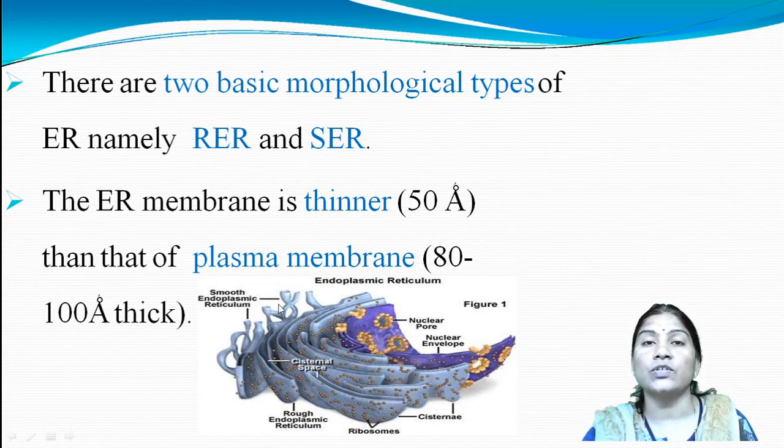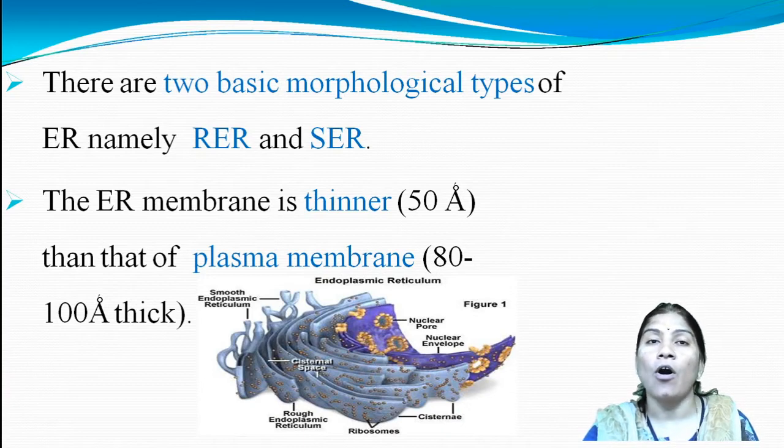So on the basis of morphology, where the ribosomes are absent, the appearance of this network or framework is very smooth and soft, and that we call the smooth endoplasmic reticulum.